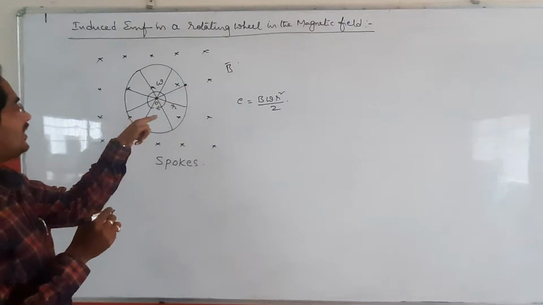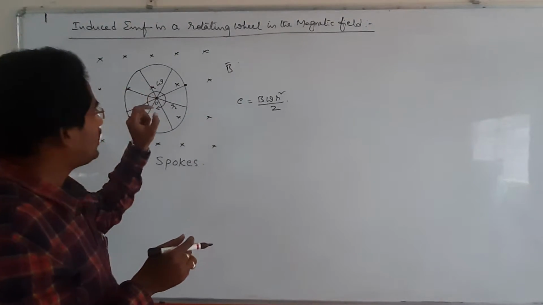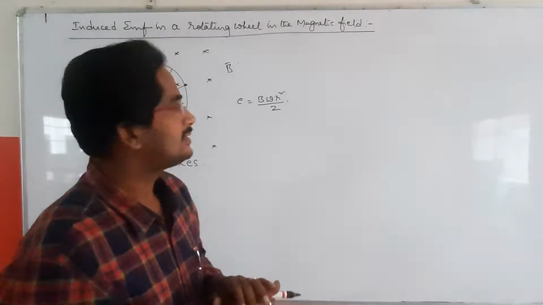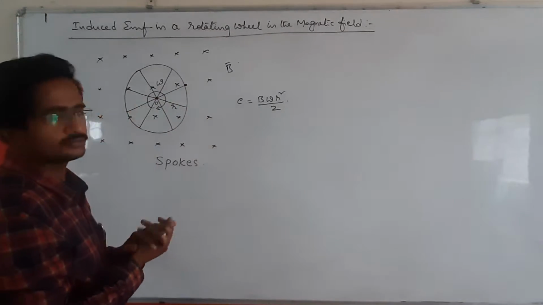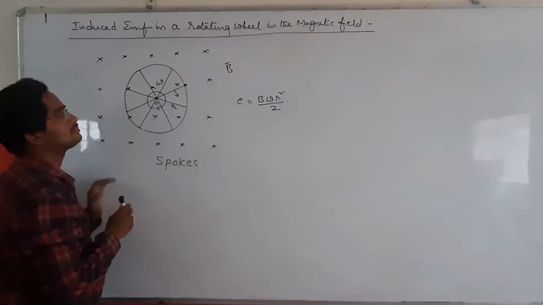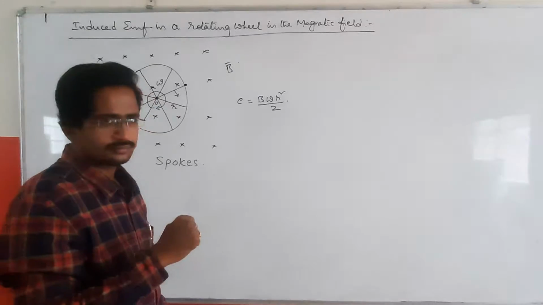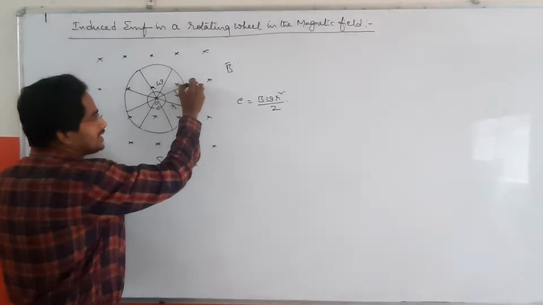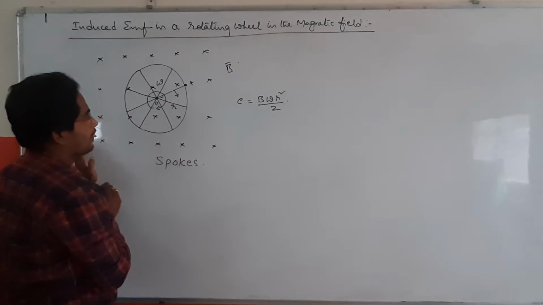While it is rotating in the clockwise direction, which point is at high potential and which at low potential, the center or the ring? For example, if you take this spoke, it has the velocity in this direction. Then if you apply the palm rule, the ring is at high potential and the center is at low potential.